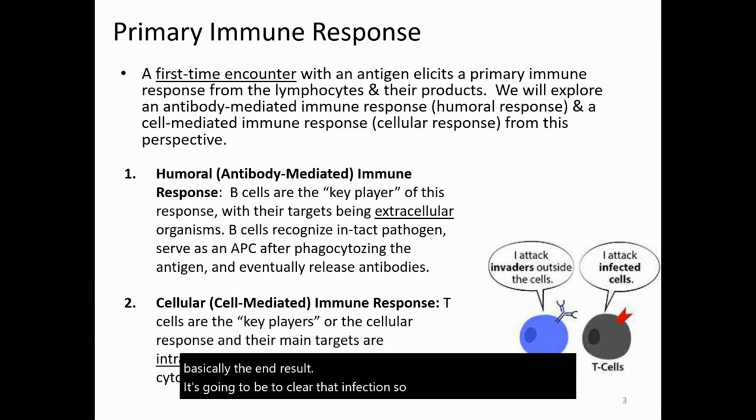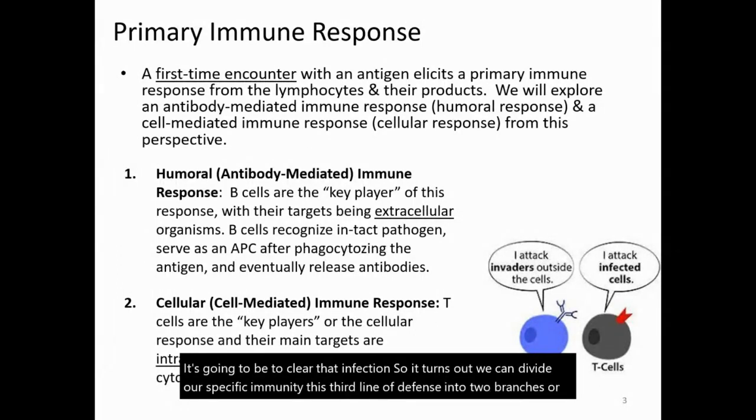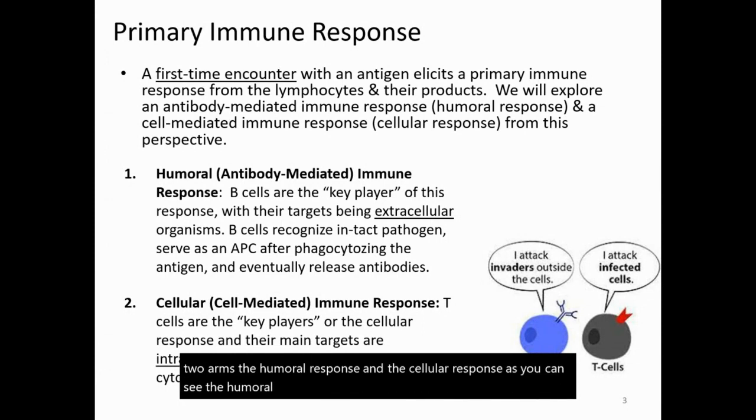So it turns out we can divide our specific immunity, this third line of defense, into two branches or two arms, the humoral response and the cellular response. As you can see, the humoral response is going to be where antibodies are made. And antibodies are a crucial component of our specific immune response.